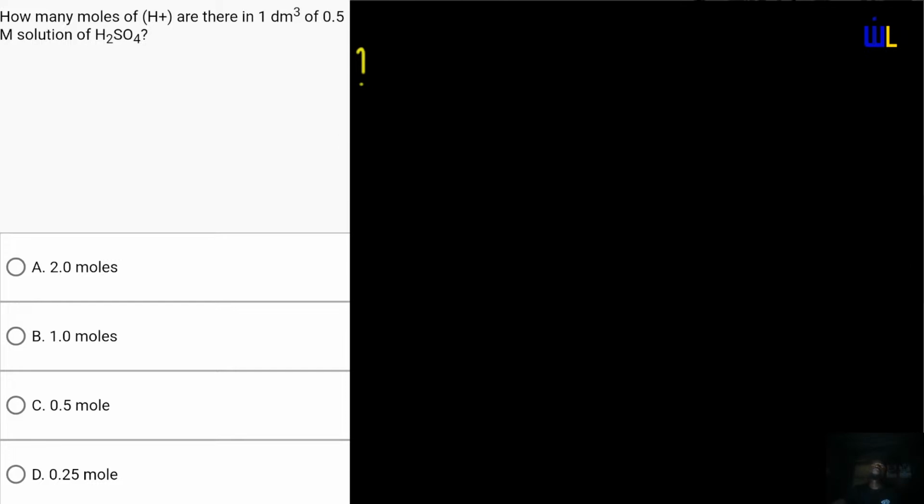Before I go further, I would like to remind us that molar concentration is expressed as C equals number of moles divided by volume in dm cube. Sorry, I first said it wrongly, so let's take that afresh.